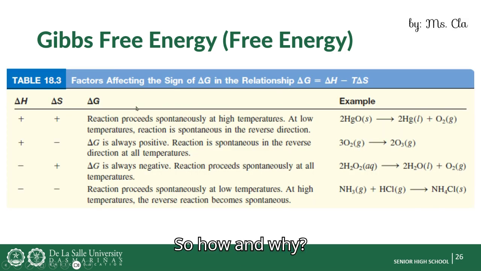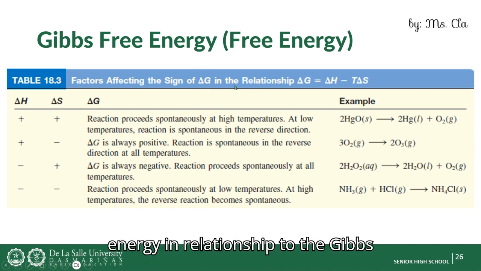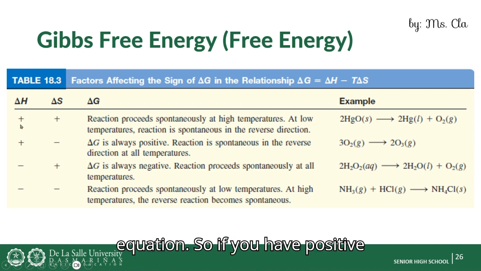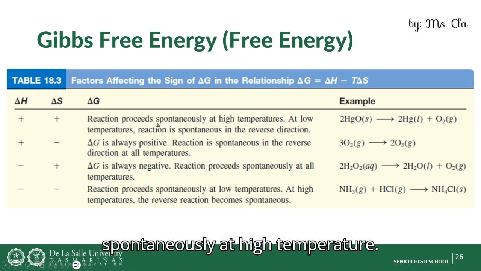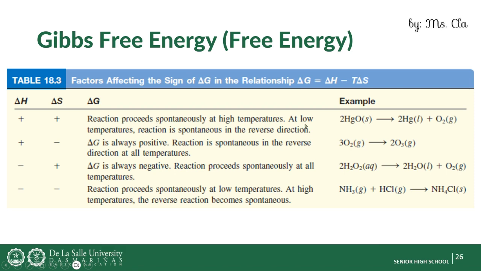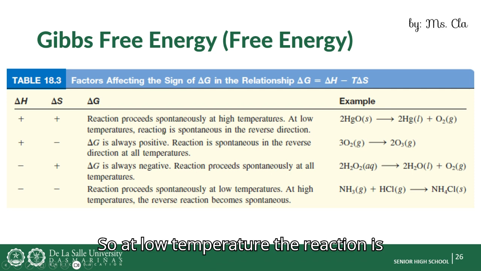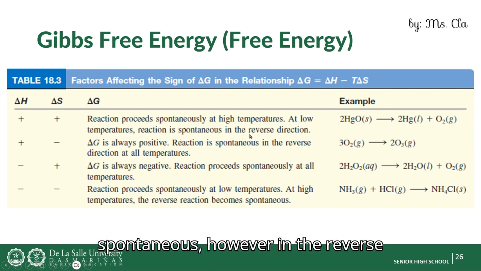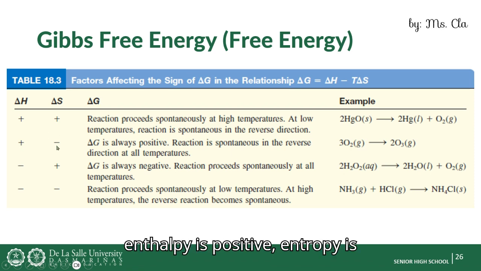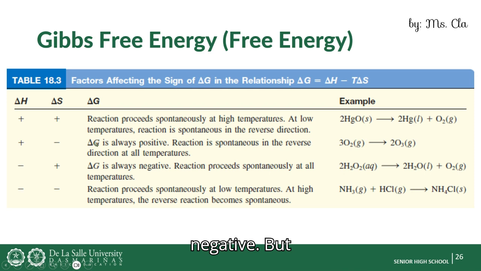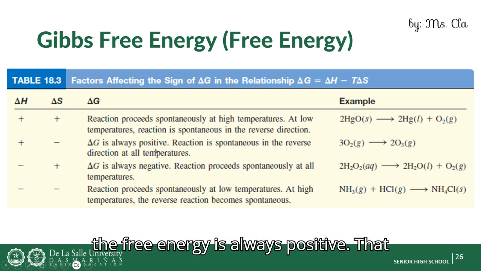So how and why? These are the factors that affect the sign of our free energy in relationship to the Gibbs equation. If we have positive enthalpy and positive entropy, this reaction will proceed spontaneously at high temperature. At low temperature, the reaction is spontaneous, however, in the reverse direction. If the enthalpy is positive and entropy is negative, the free energy is always positive.